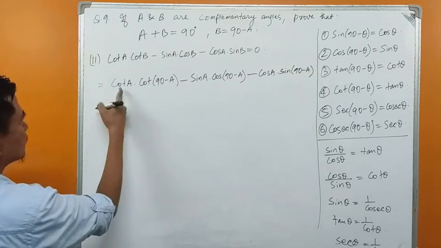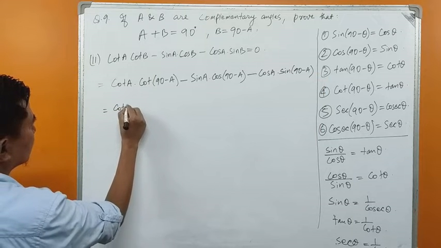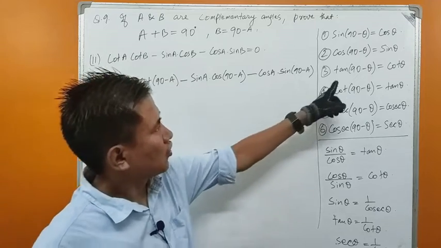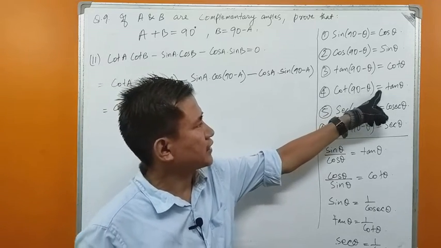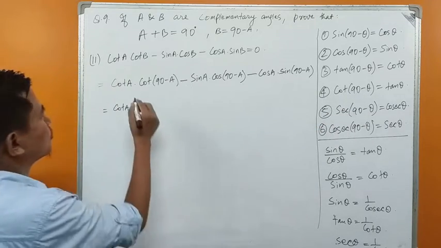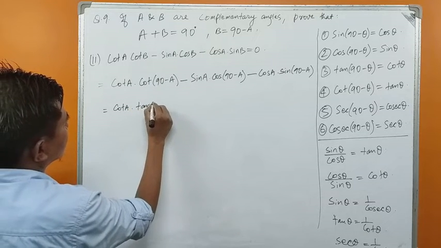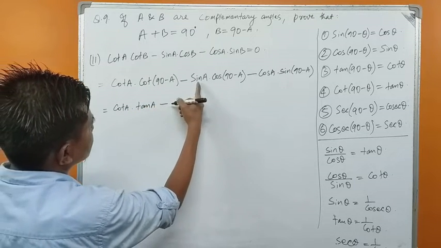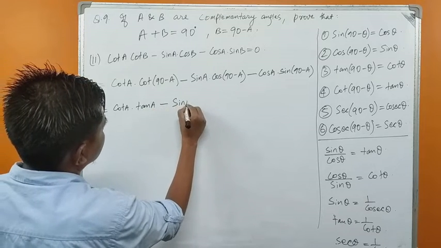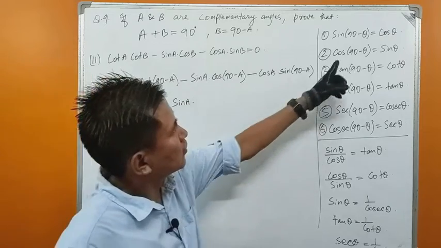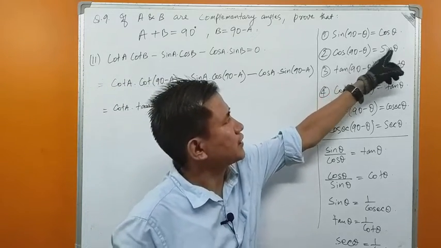So this cot a, cot 90 minus a. Cot 90 minus theta is tan theta, isn't it? So cot 90 minus a is tan a, minus sin a into cos 90 minus a is sin a, isn't it? Cos 90 minus theta is sin theta.